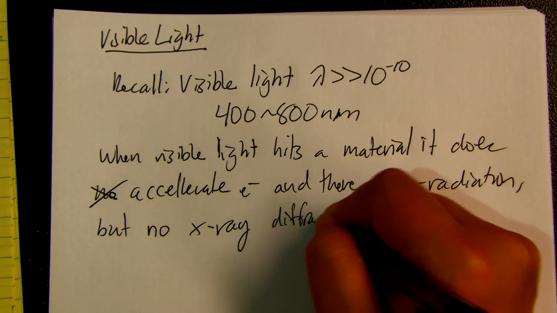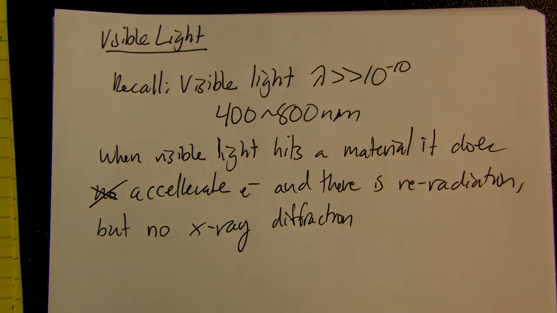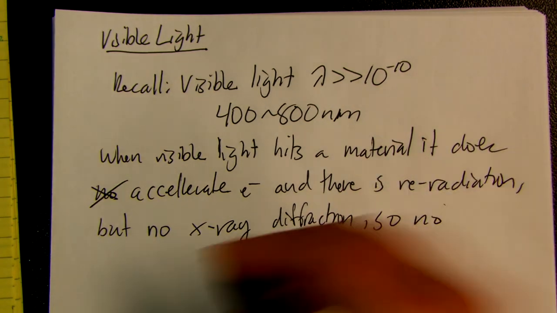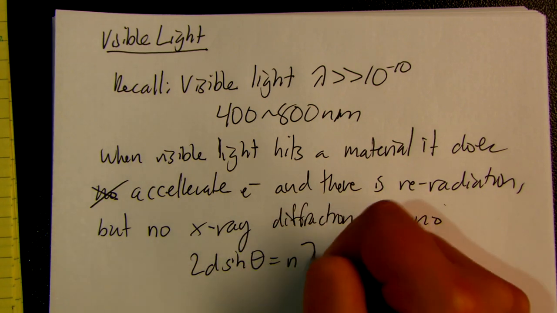So we can't get some really great super constructive interference. So no 2d sine theta equal to n lambda.